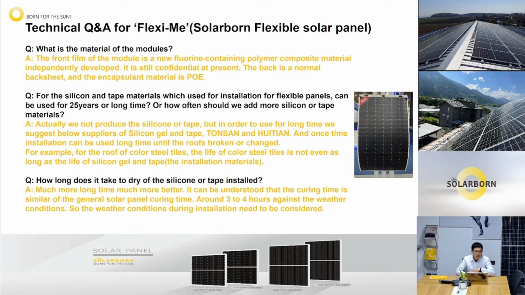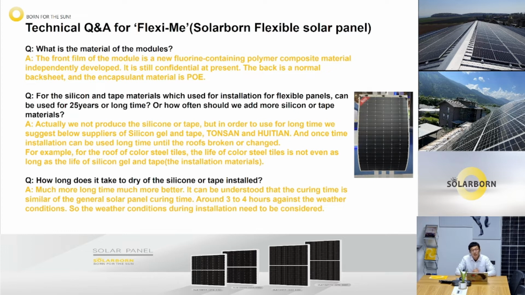And the second question: can the silicone and the tape material used for installation of flexible panels last 25 years or longer? Or how often should we add more silicone or tape materials?